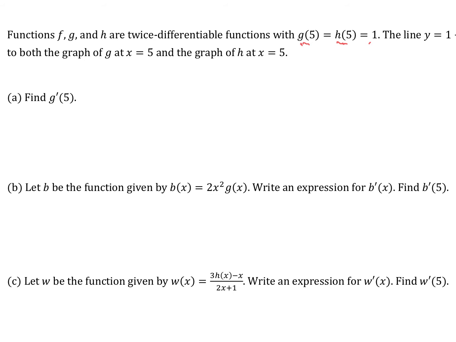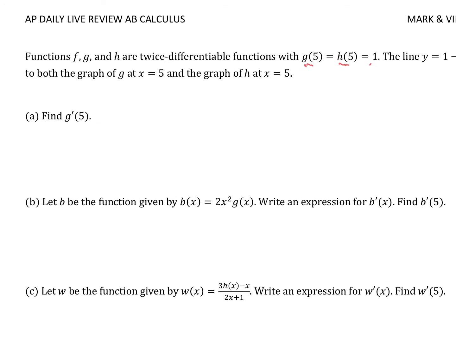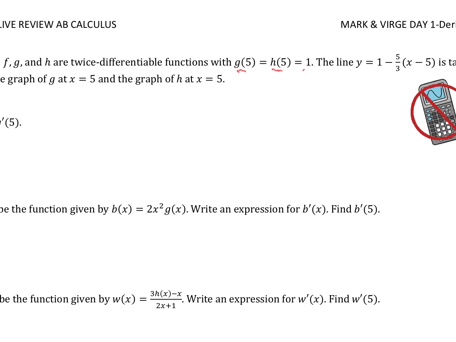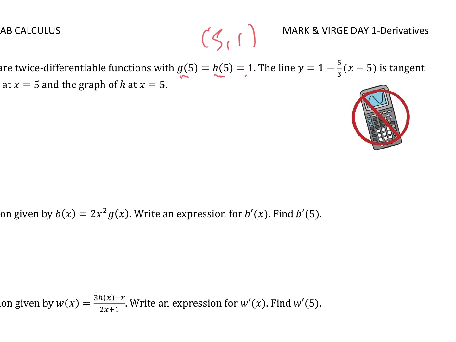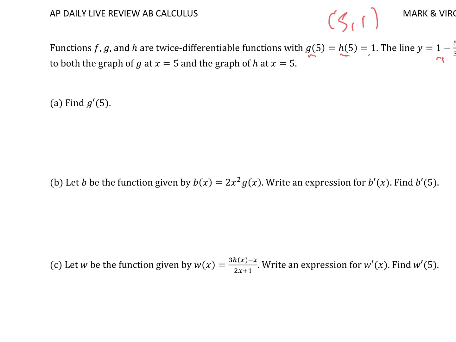So it's tangent to both of those graphs at 5. And the ordered pair is 5, 1 on both. That's why we got a 5, 1 here. That's why it's a tangent line. It's the same tangent line to both.